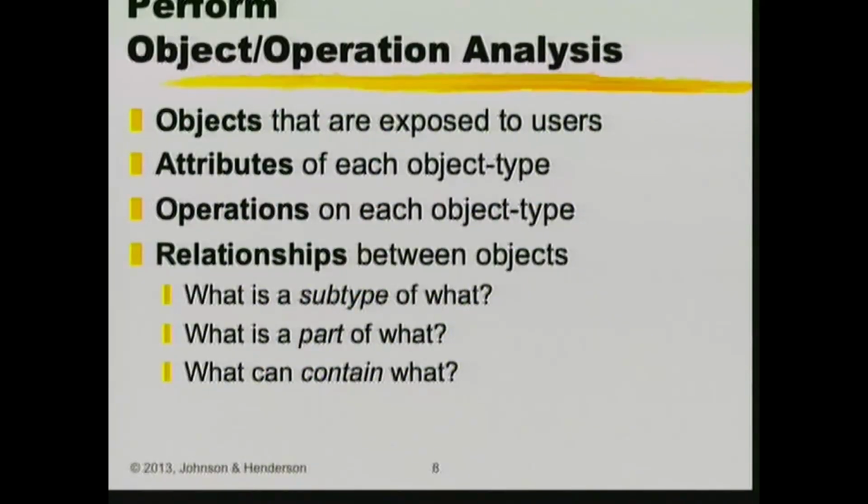So for example, a bus contains passengers. An email folder contains email messages. So these are three common relationships, but there are others. Your application may have specific kinds of relationships. So for example, Facebook has a relationship of friend between two different users.